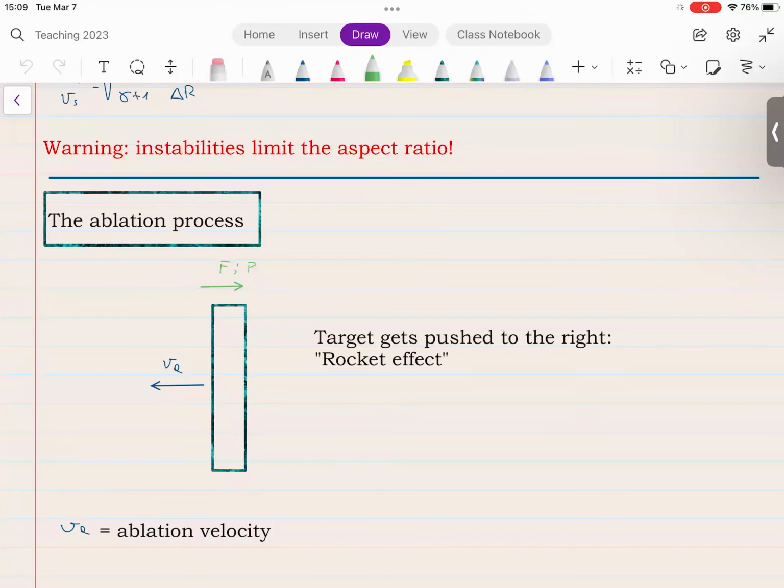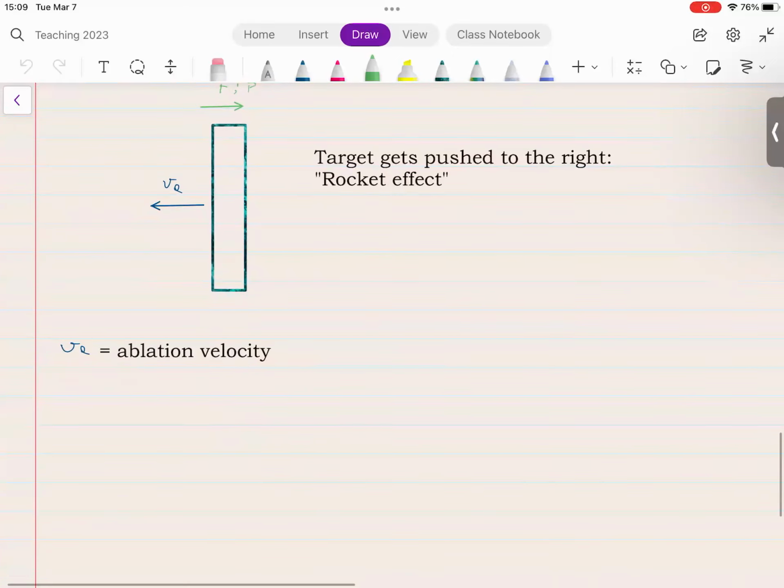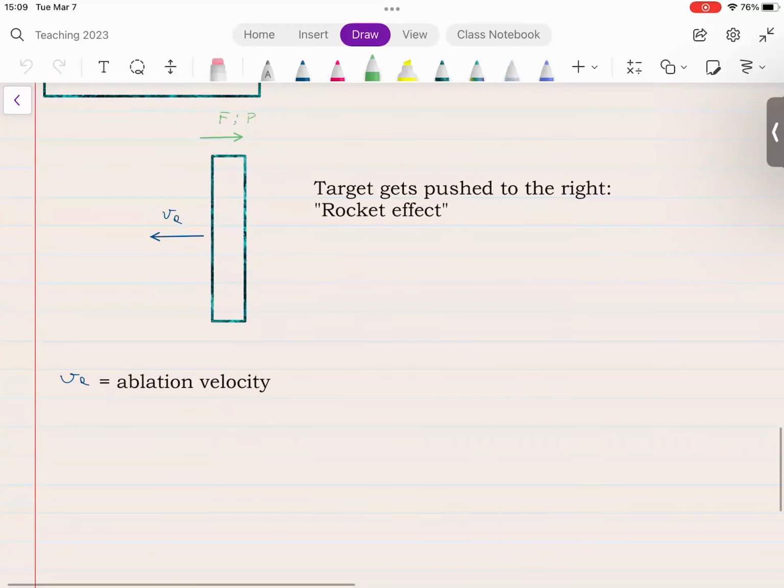You've probably seen the equations solved in detail in maybe graduate level classical mechanics, but this is pretty straightforward stuff to calculate what's the force and how much thrust, or how strongly we're pushing the material in. And that is great because that's what we actually want to do. We want to compress the material. So the rocket effect is something that we want.